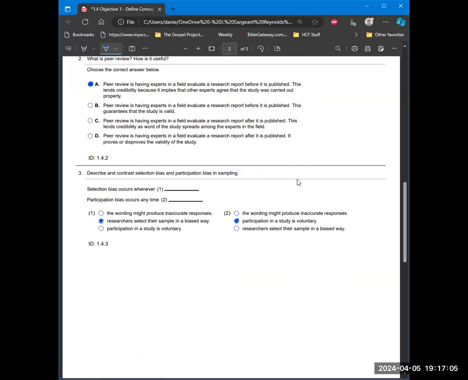So there we go. So an example of participation bias, we talked about this a while ago, but if I told people to fill out a questionnaire that was in my newspaper or magazine and mail it back to me, there would be a participation bias there because that's something that takes effort for them to do, and they're not going to participate in something like that and put their time into it unless they have really strong opinions on the issue one way or the other.